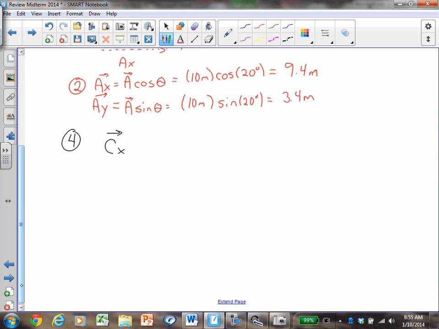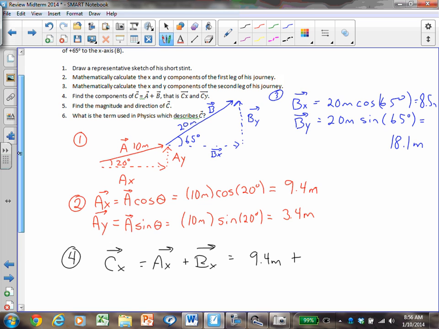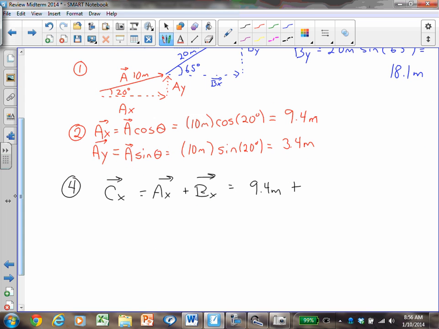So Cx is Ax plus Bx, which Ax is 9.4 meters plus, oh man, 8.5 meters. What did you say it was?